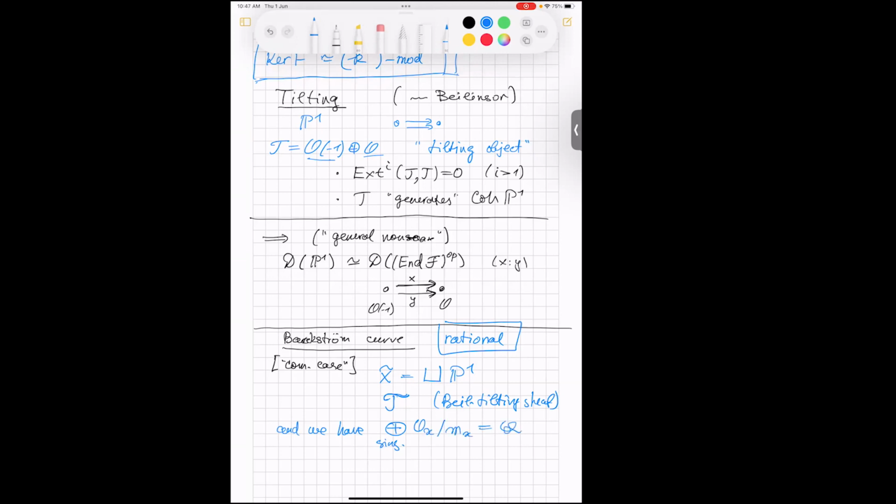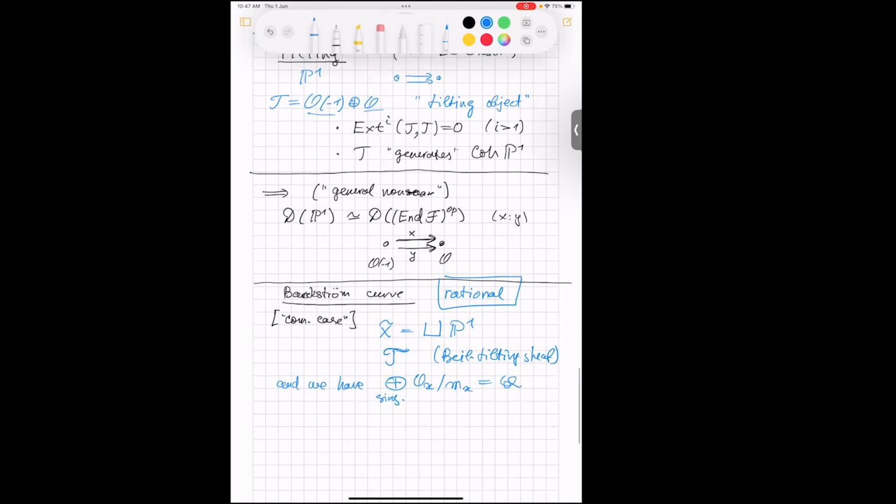Let it be Q. Then we must take not a sheaf, but a complex, in the derived category of X. Namely, we take T and add Q, but Q shifted by -1, once shifted.